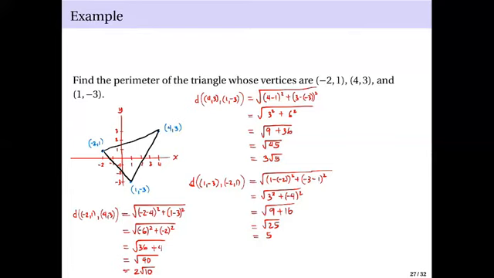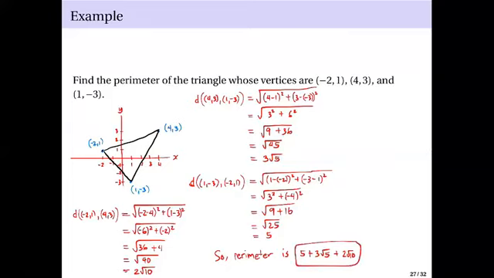So, perimeter is, what are those? 5 plus 3 square root of 5 plus 2 square root of 10. Okay? So ugly values, but that's how you have to do it.